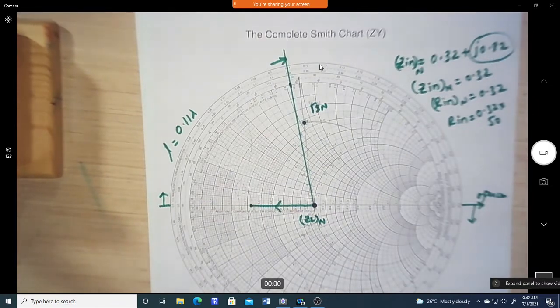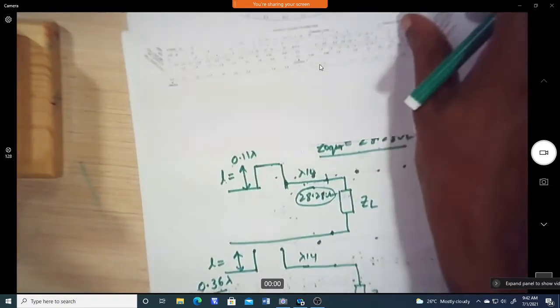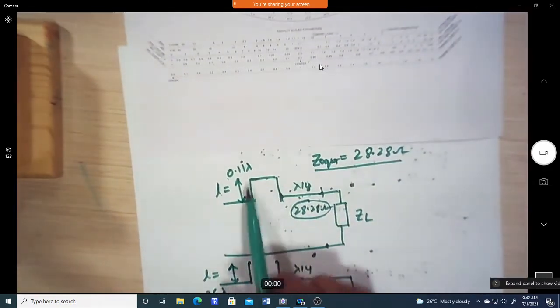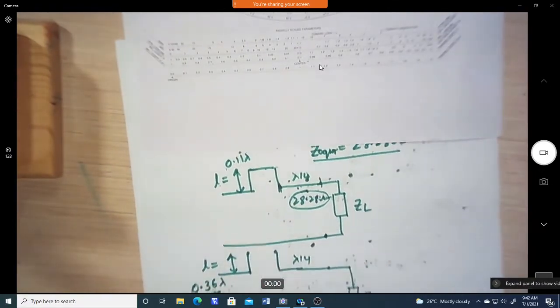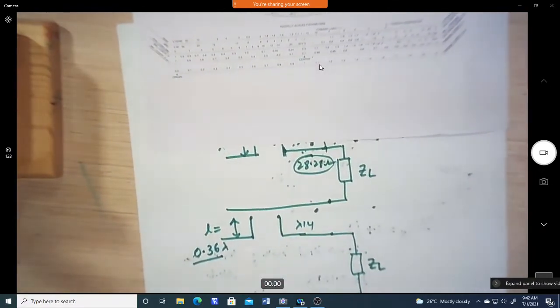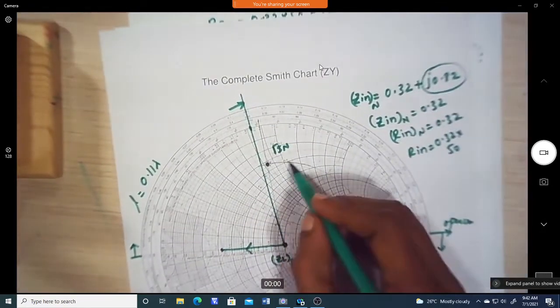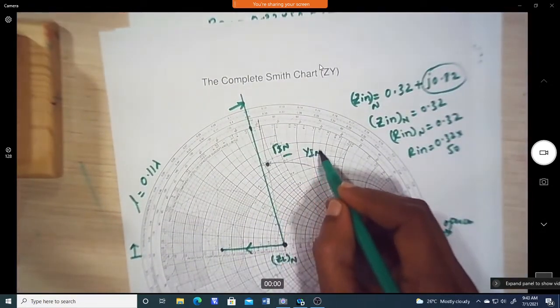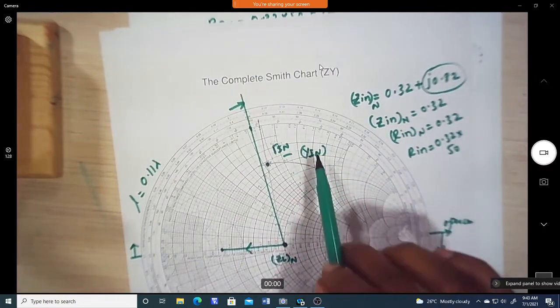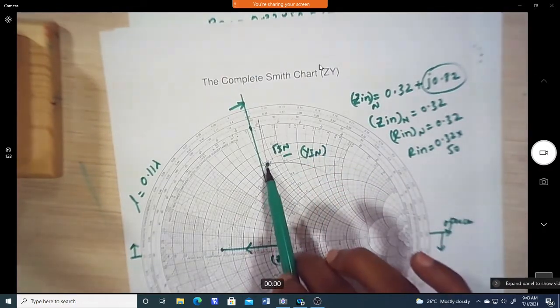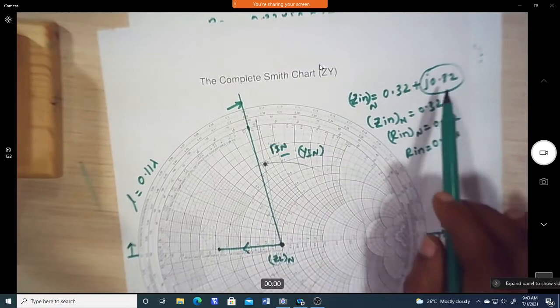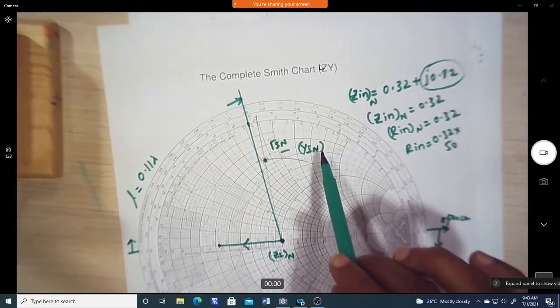Now how will we transform if I take the admittance, or if I want to use the shunt kind of thing, that is the shunt short circuit stub and shunt open circuit stub? If I want to use that, I need to find out what is the Y in here. Corresponding to the Y in, what is the susceptance value at this point.